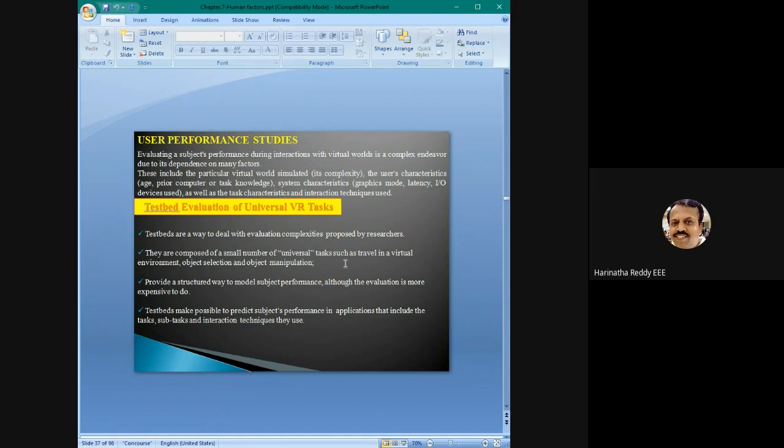And the user's characteristics are very important. So the user performance studies in general include the particular virtual world simulated, the characteristics such as age, prior knowledge or computer knowledge, and even system characteristics. Is it clear?